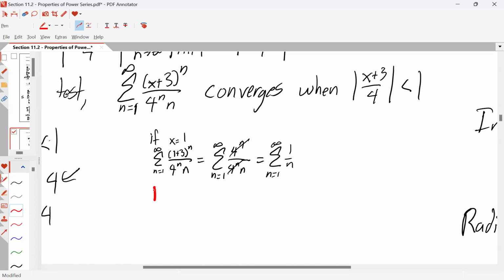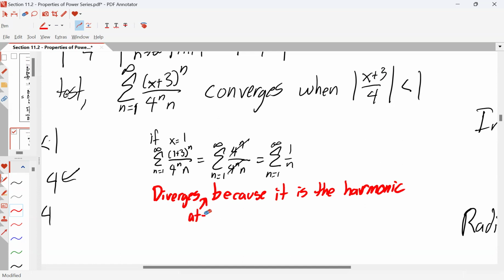This diverges because it is the harmonic series. So it diverges at x equals 1.